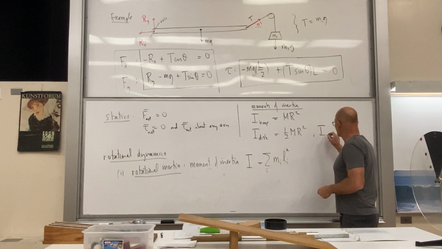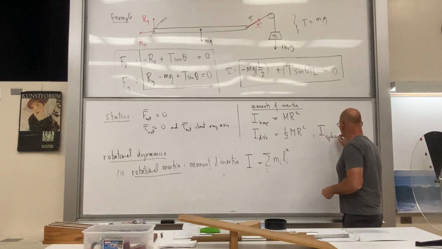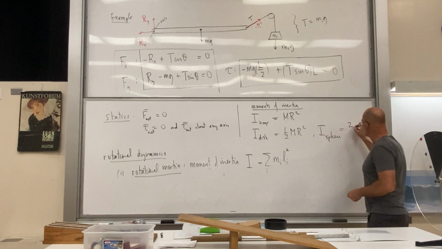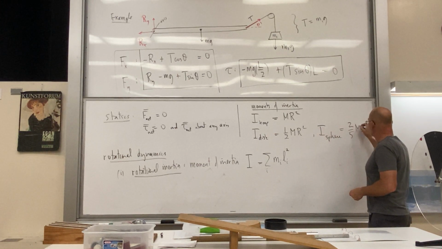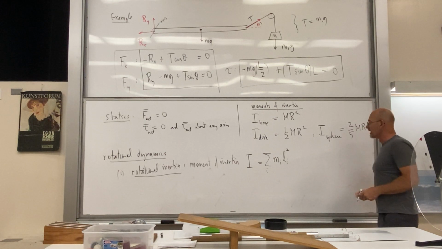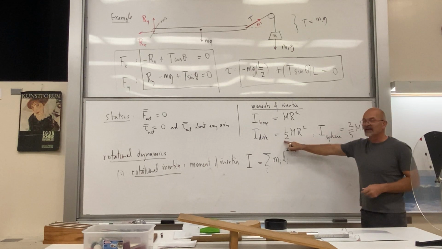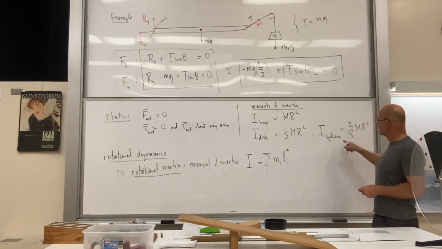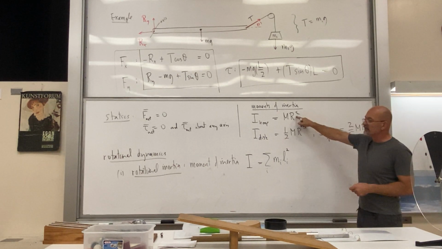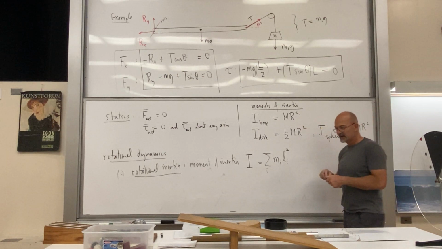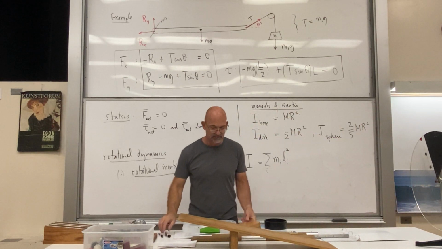And for the record, the moment of inertia of a uniform sphere is 2/5 mr squared. And 2/5 is a little bit less than 1/2. So this one has the smallest, this one has the greatest moment of inertia. So which one rolls faster?